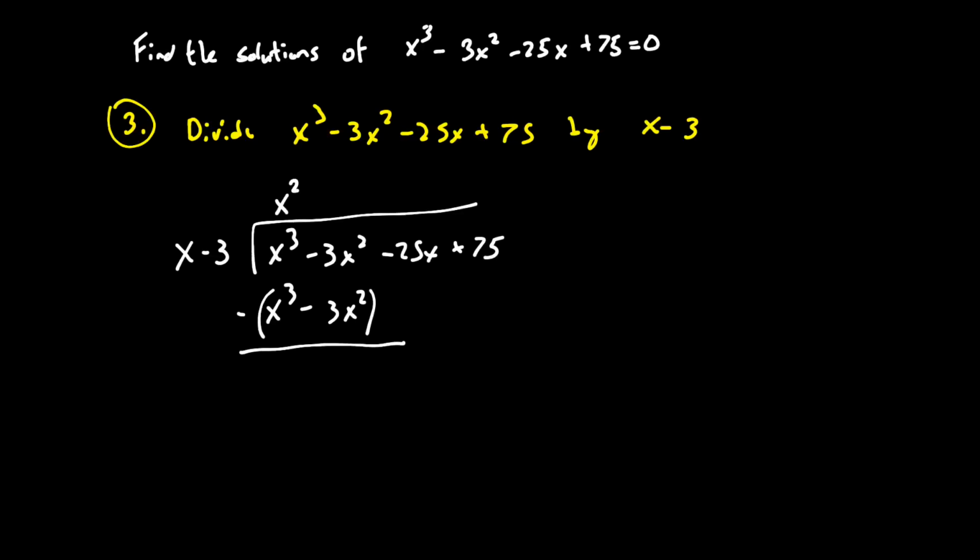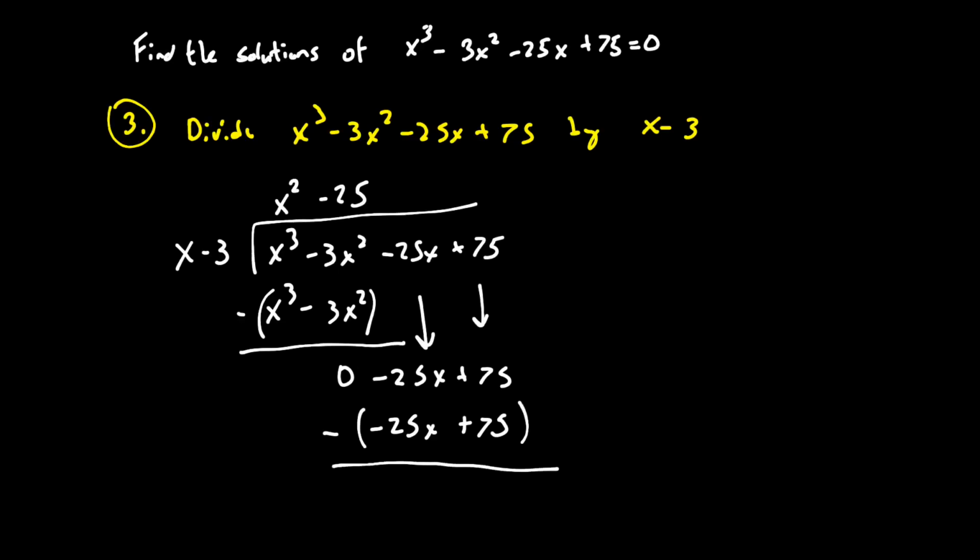Our x cubes cancel out, and our 3x squareds cancel out, and so we're left with a 0 here. Bring down the negative 25x, bring down the 75, and we want to multiply this by a negative 25. So multiplying this by a negative 25, we'll get a negative 25x plus 75, and when we subtract that, this becomes 0.